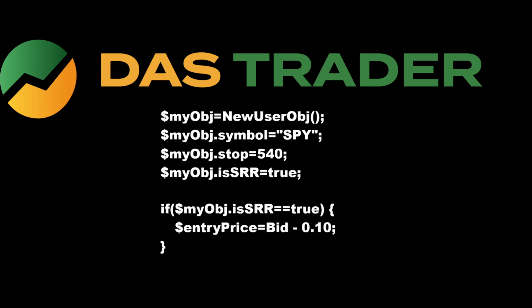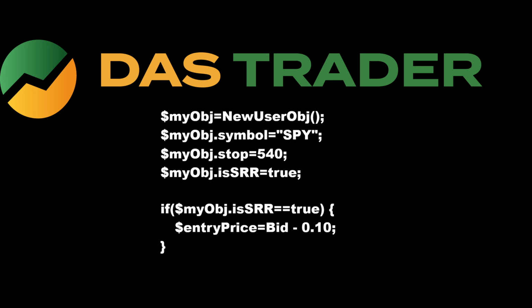One of the things I've thought about doing is going like 5 cents or 10 cents lower than the bid if it's an SSR. Normally I just hit the bid so I can get filled, but on an SSR you can't. So you actually need to go lower than the bid so you have a higher probability of getting filled.